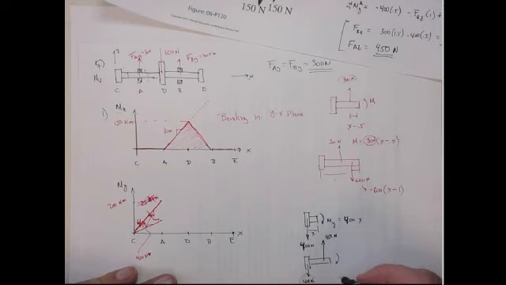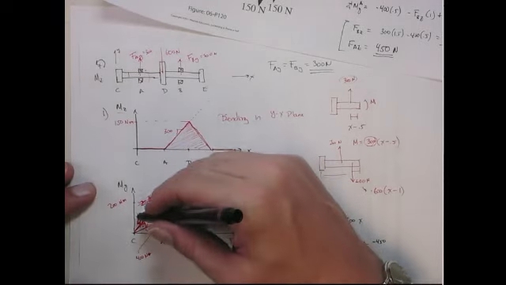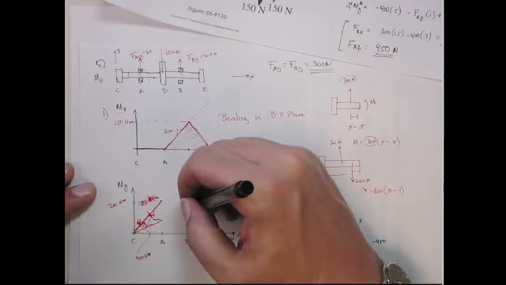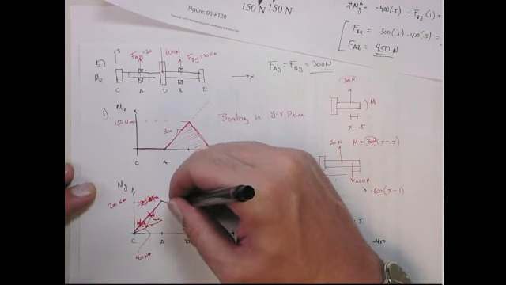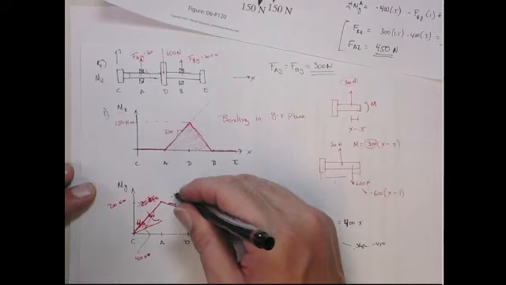It's still a positive moment. And this one is going to have a slope of minus 450. So the net slope is going to be minus 50. So from here down, it's going to drop like this, with a slope of minus 50.